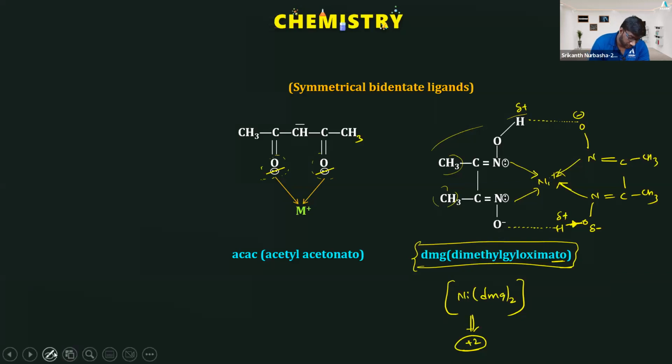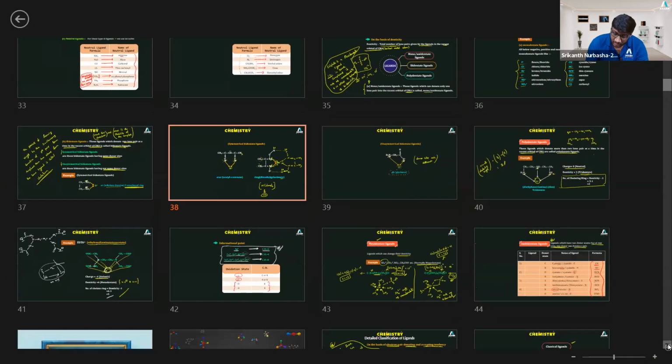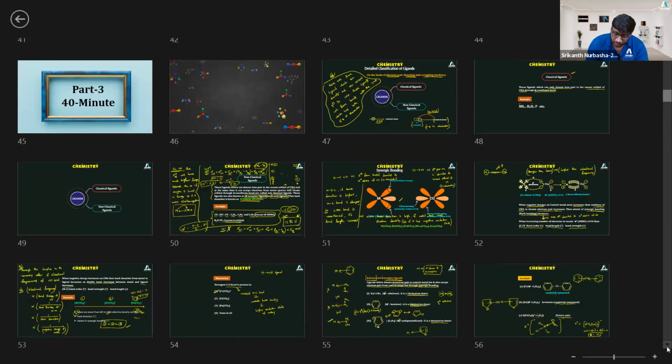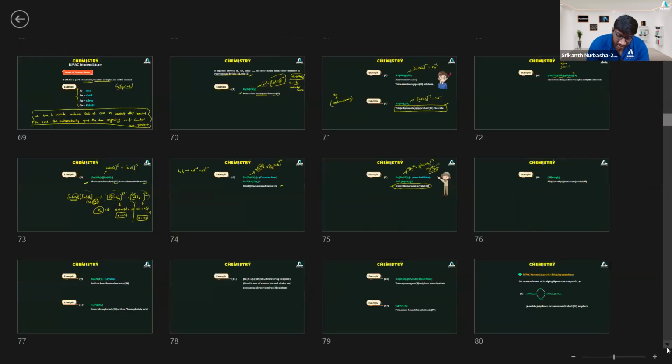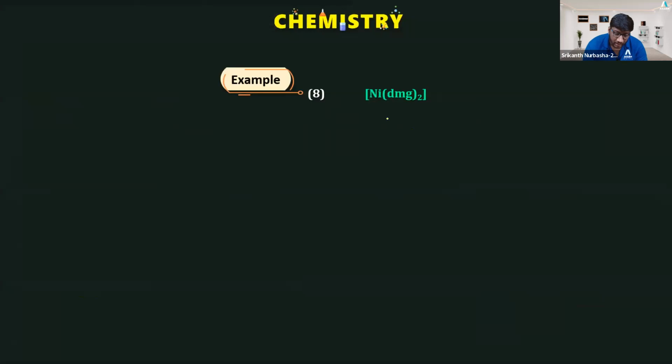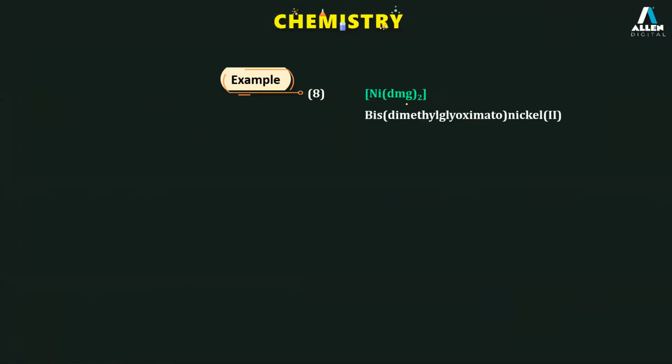Very good. Because if you look at this complex, is it a cation or an anion? It is neither a cation nor an anion. It is not dissociating into two ions. Rather, it is a simple neutral complex.